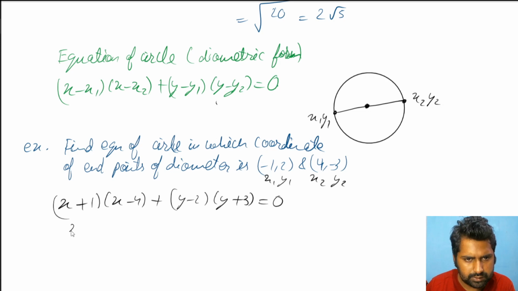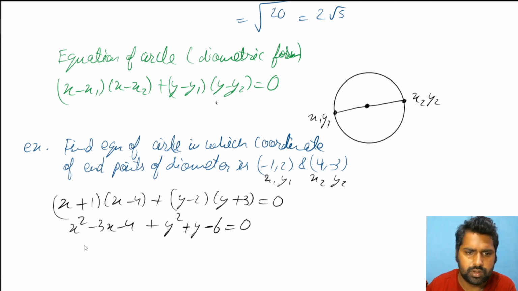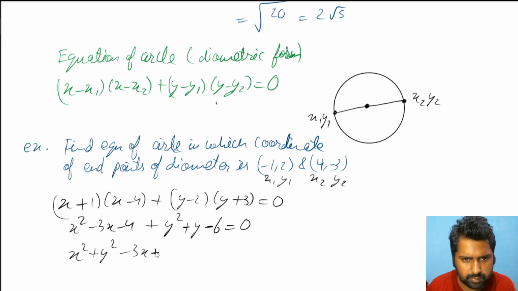Open it. This becomes x square minus 3x minus 4, and this becomes y square plus y minus 6 equal to 0. So combine it: x square plus y square minus 3x plus y minus 10 equal to 0.